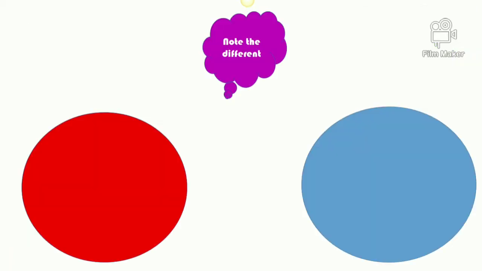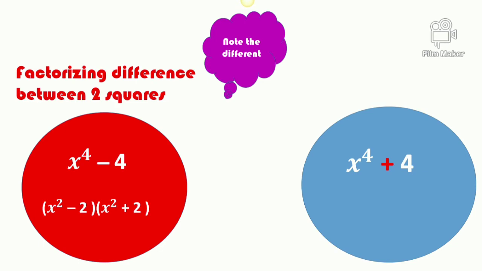Let me start by showing the difference between the two algebraic expressions here: x power 4 plus 4 and x power 4 minus 4. We studied it before.